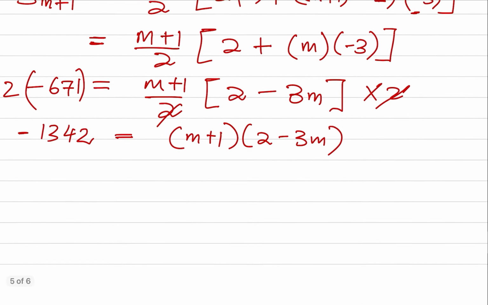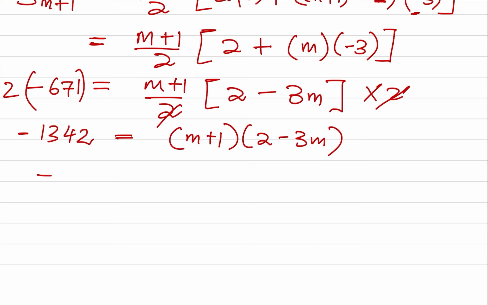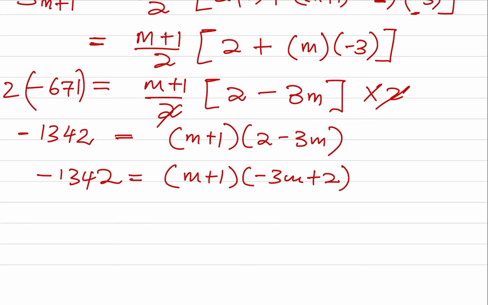Now we will continue. We have negative 1342, which is equivalent to, let me rewrite this one like so, m plus 1 times negative 3m plus 2. So let me multiply through here.